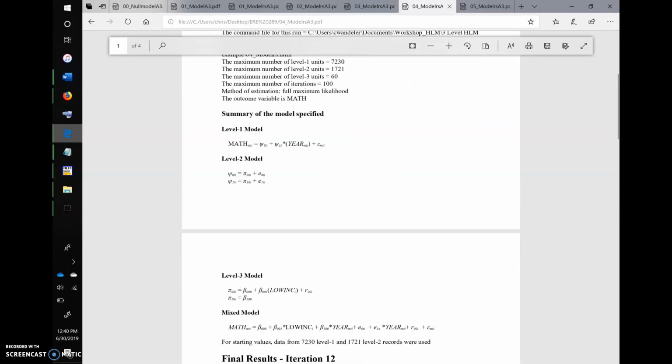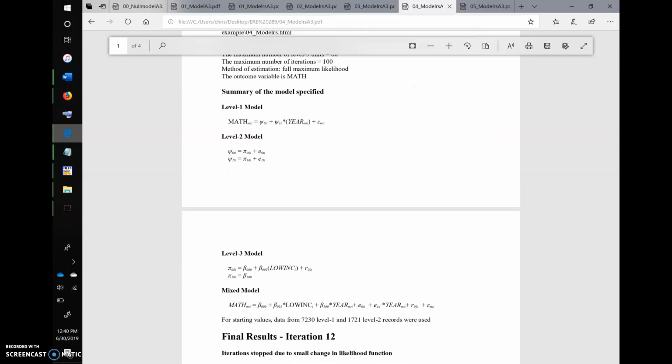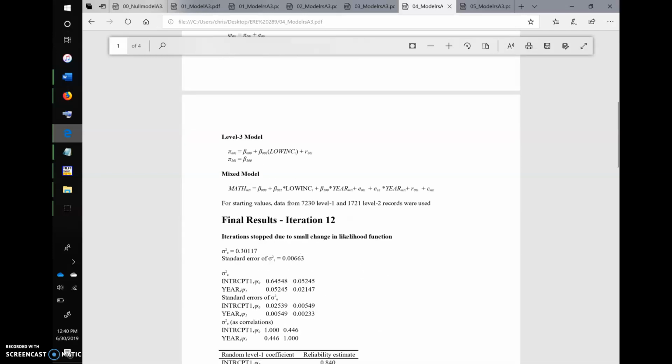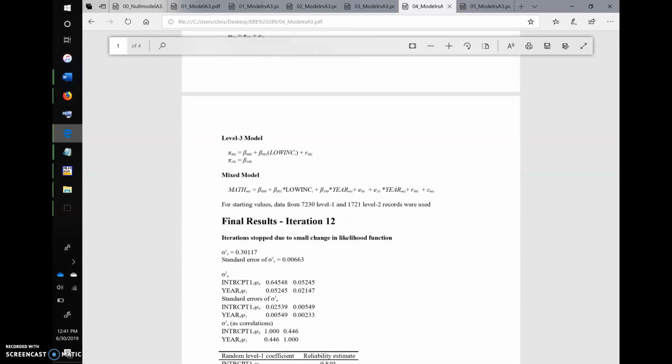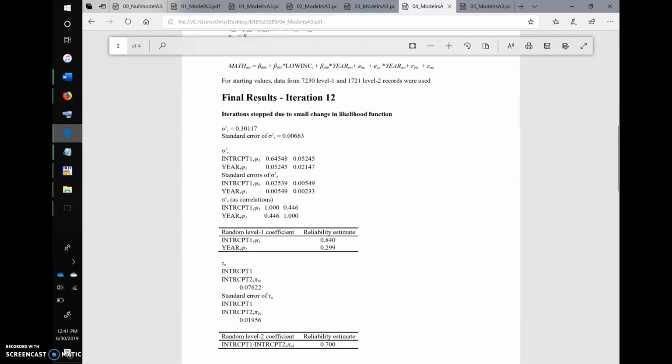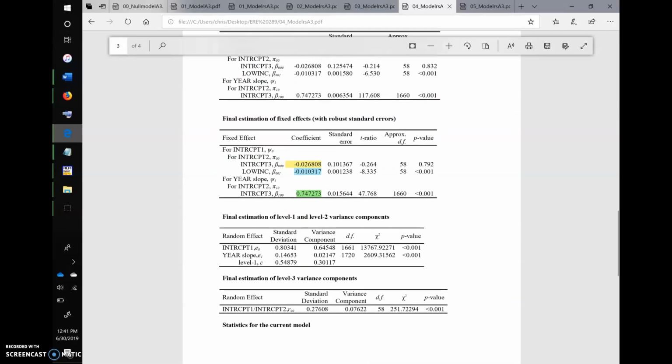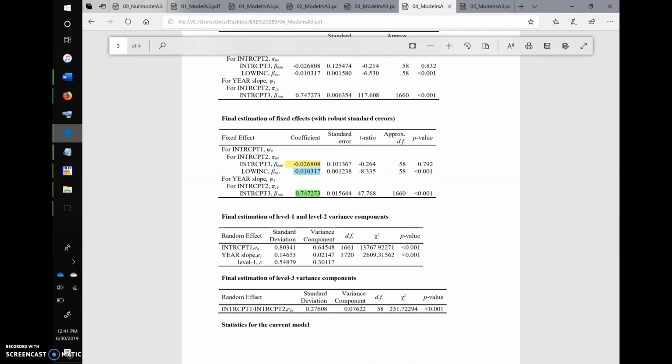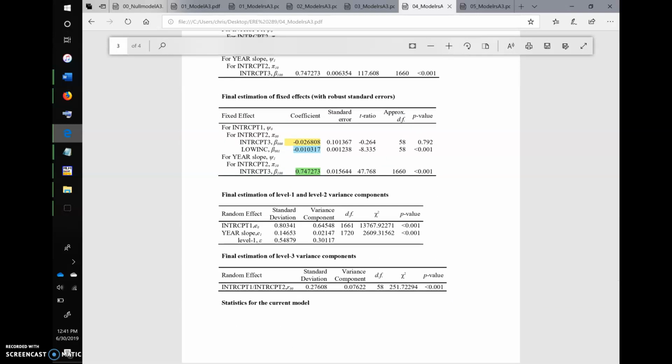Okay, and then when we look at math scores by year, we're also going to see if, within the school, low income is a predictor. So here we see our intercept and the prediction of low income, and we see we have the yes on school ID: those with lower incomes have lower math scores at a significant level.